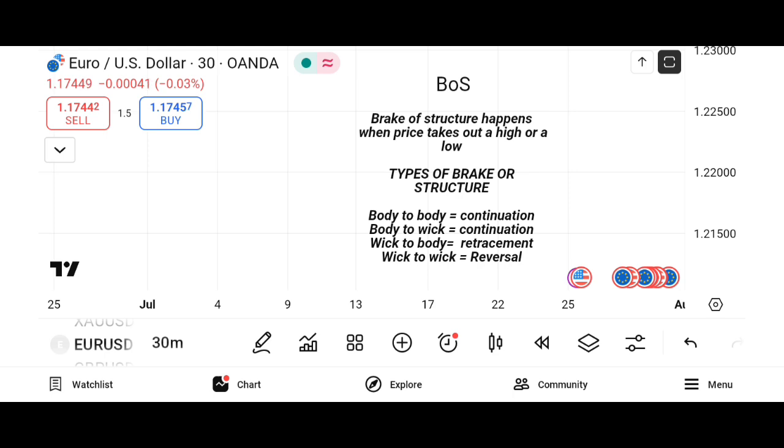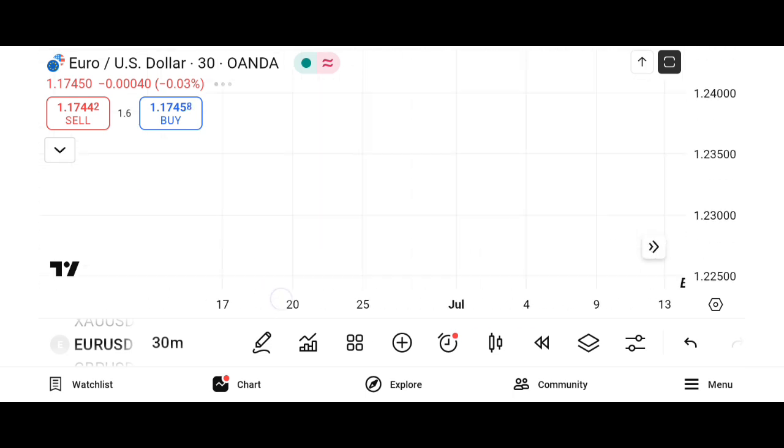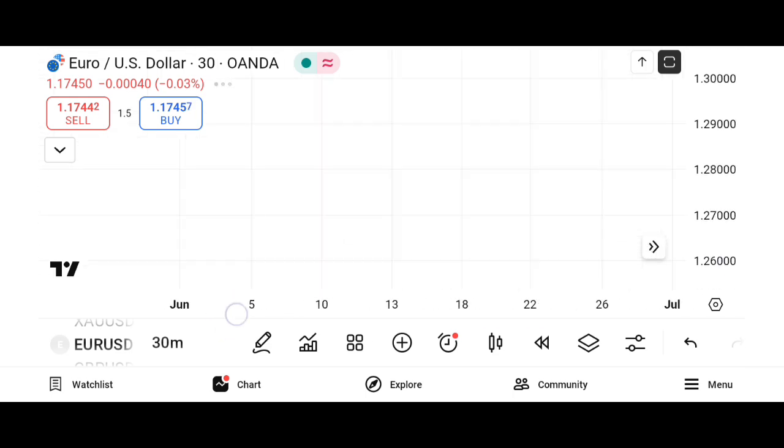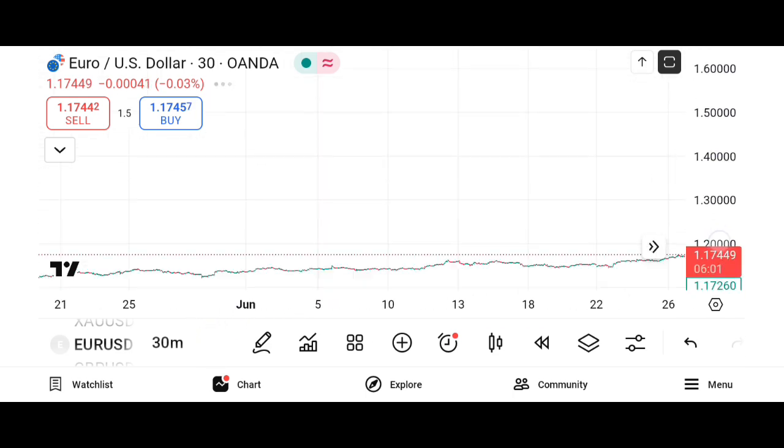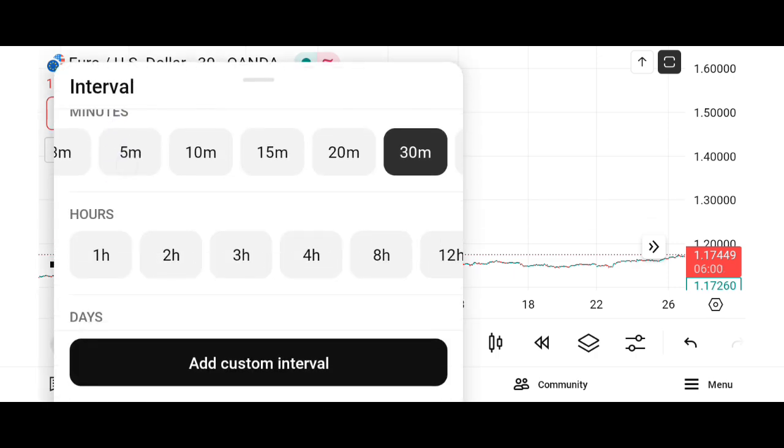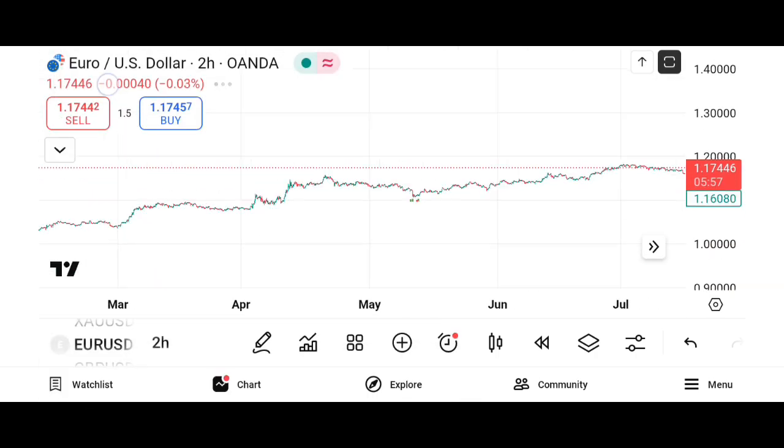So let's go to the chart and see some chart examples of these types of break of structure. Let's use the 2 hour time frame for this.